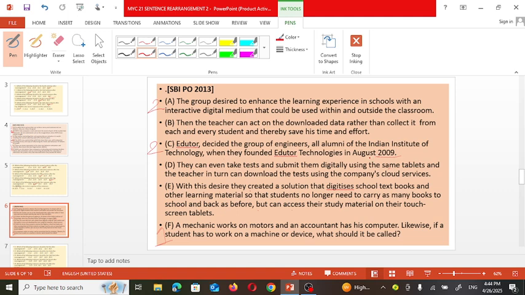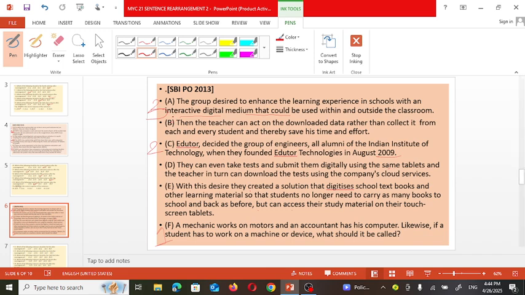So C statement will be the second one, and then this statement will be there. A statement. A group desire to enhance the learning experience in school with an interactive digital medium that could be used within and outside the classroom. After this means A statement. First will be F, then C, then A.